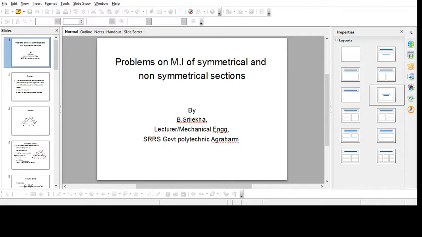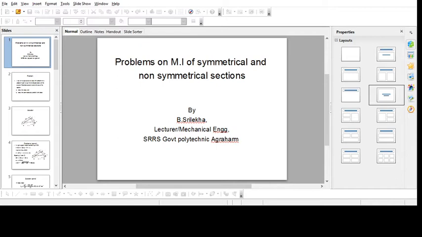In yesterday's class we followed a procedure that if a composite figure is given, first we have to divide the composite figure into simple plane areas. Simple plane areas means a rectangle or a triangle or a square. Then we find the individual areas of the sections and also the individual moments of inertia. After that we find the moment of inertia of the entire composite figure.